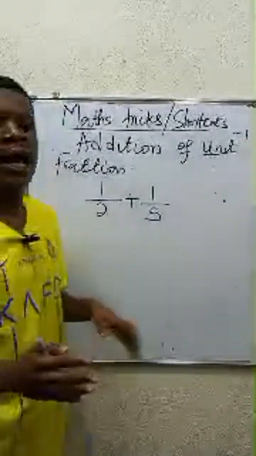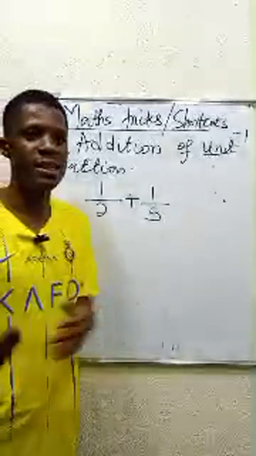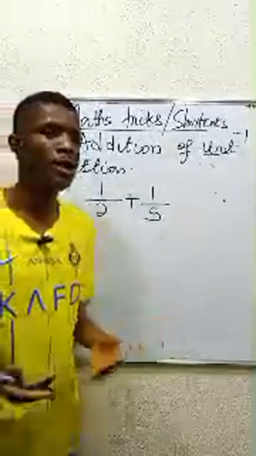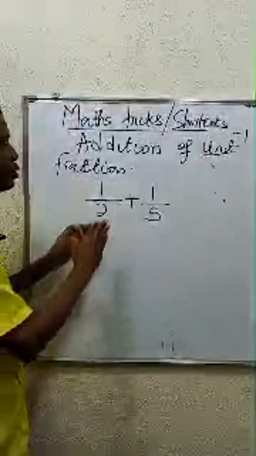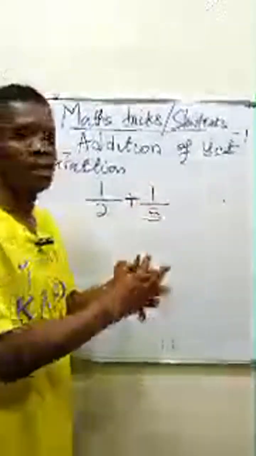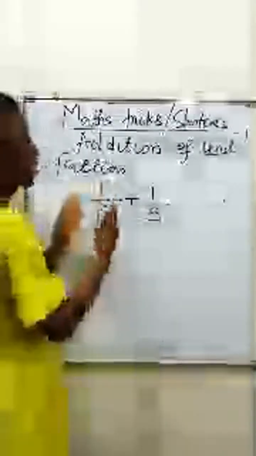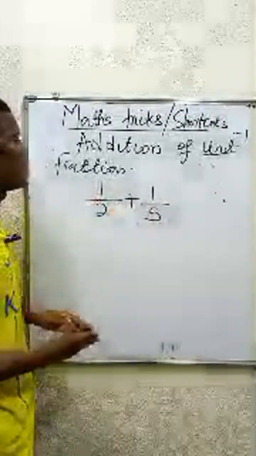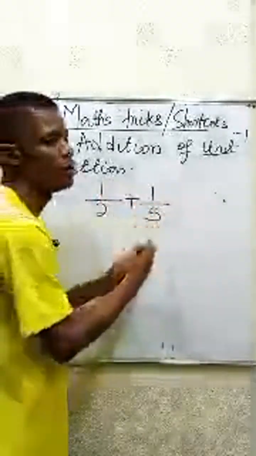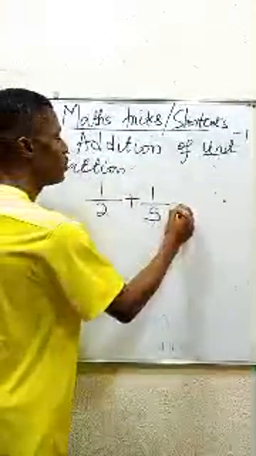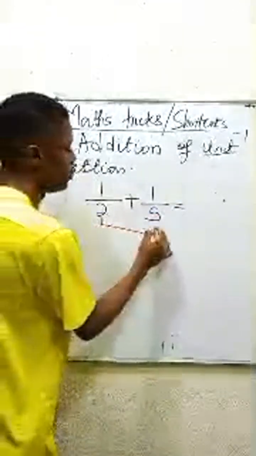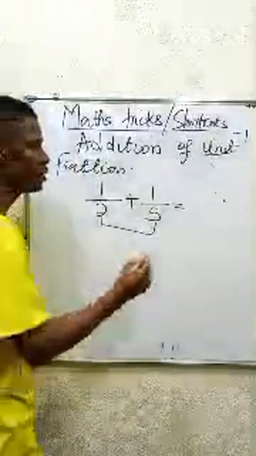When you encounter this in an examination, and the question in the exam paper is for you to add these two unit fractions, 1 over 2 plus 1 over 5, all you have to do is simple work in the denominator.